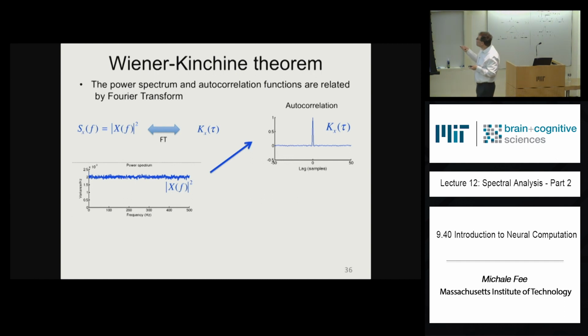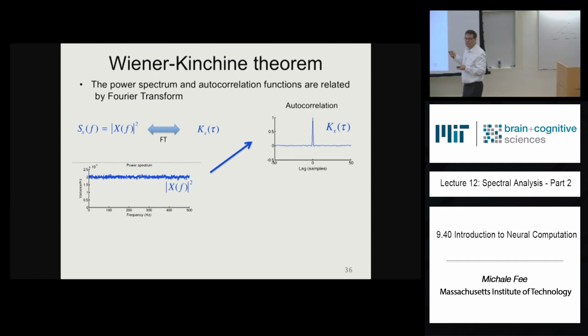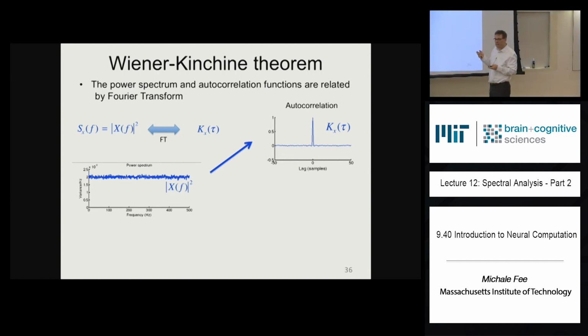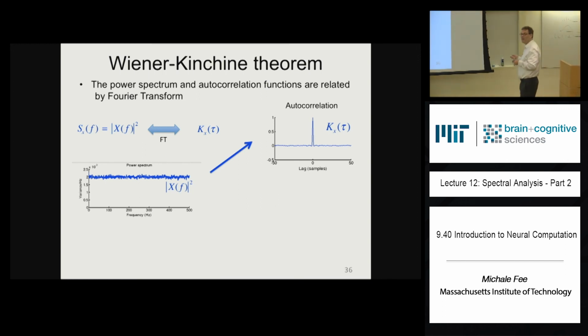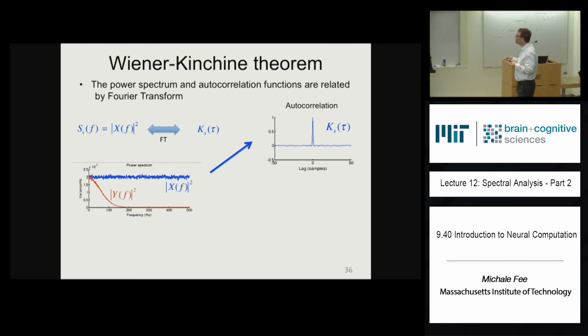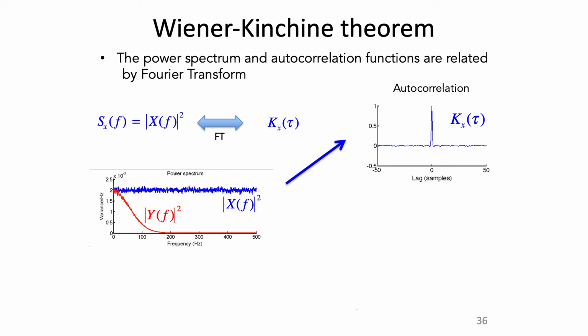So what's the Fourier transform of a delta function? Anybody remember that? It's a constant. And how about our smooth signal? It has a power spectrum that's a Gaussian in this case.